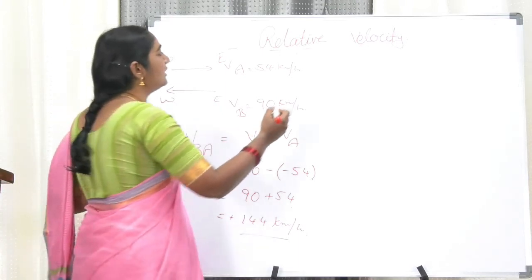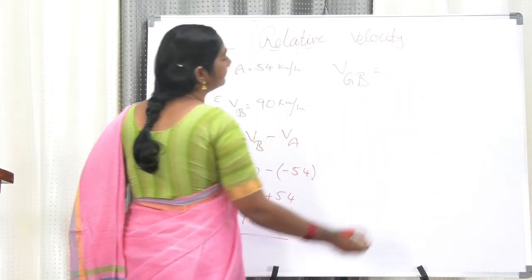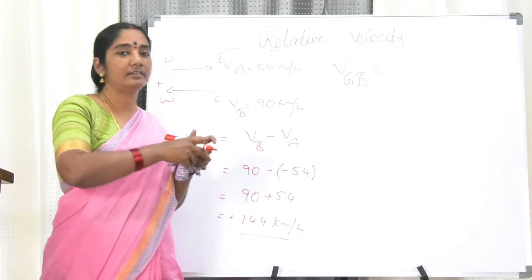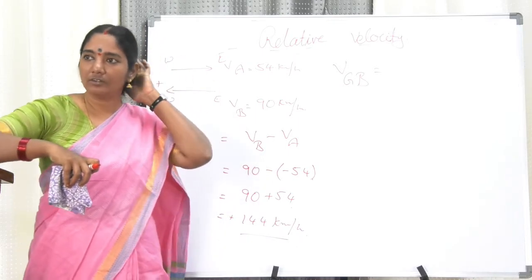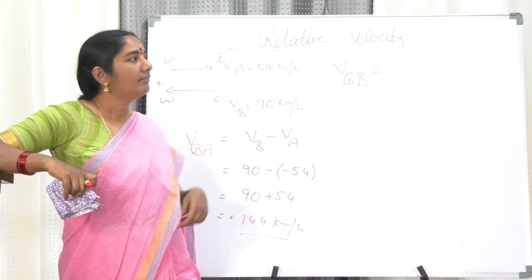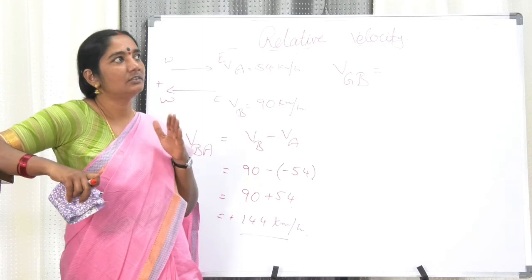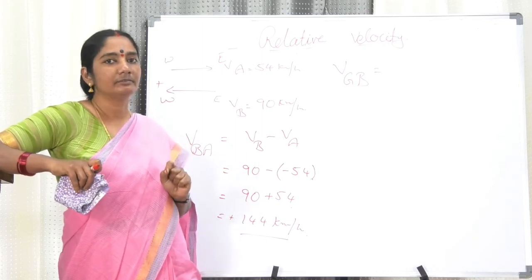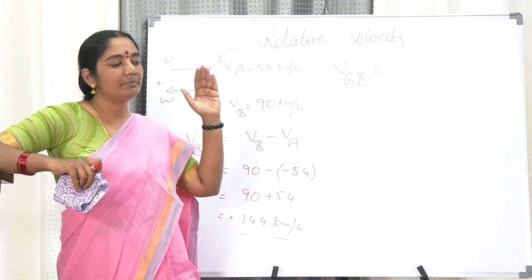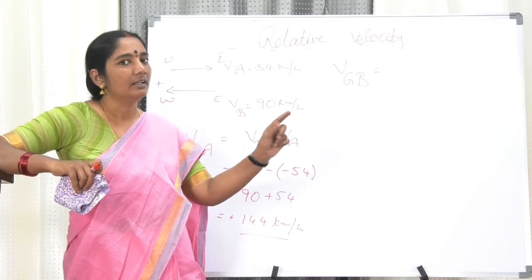And next question is the velocity of the ground with respect to B. What is the meaning of that? For example, you are sitting in a train which is at rest, and beside your train, another train started moving slightly.